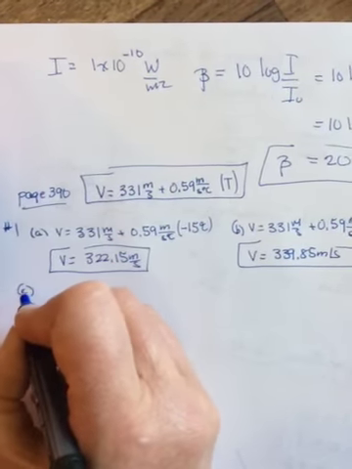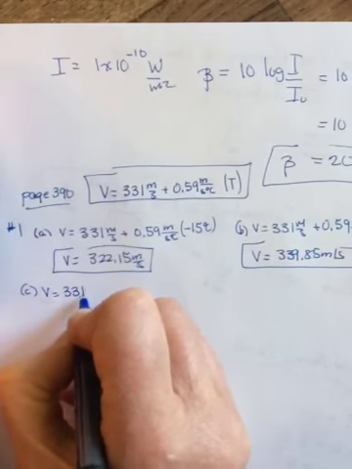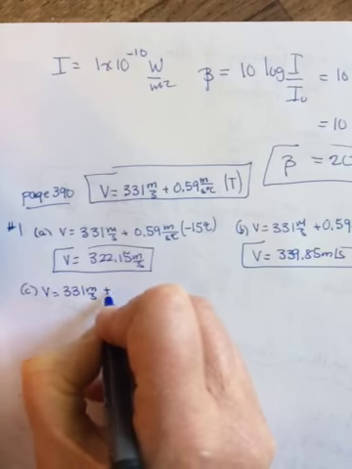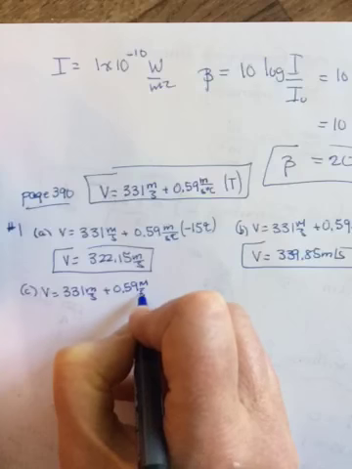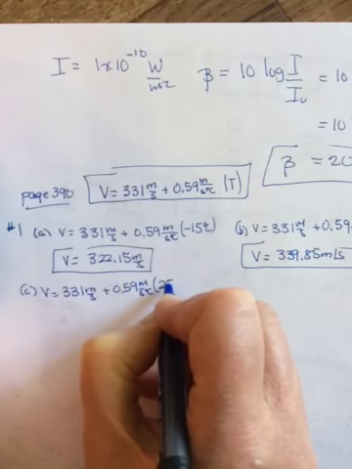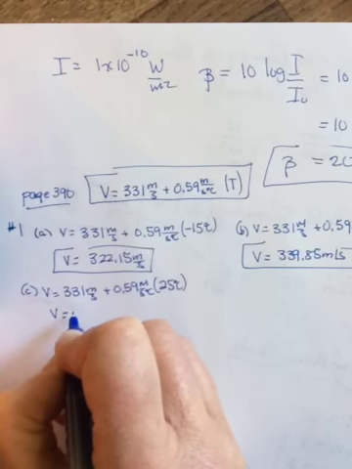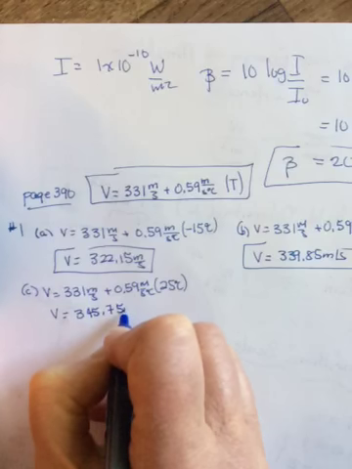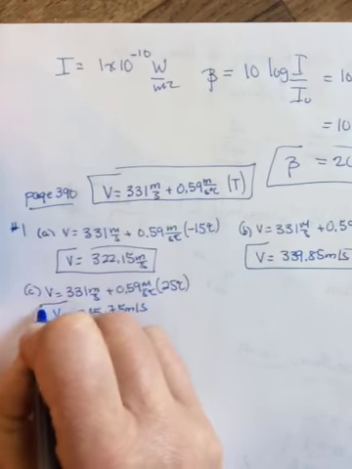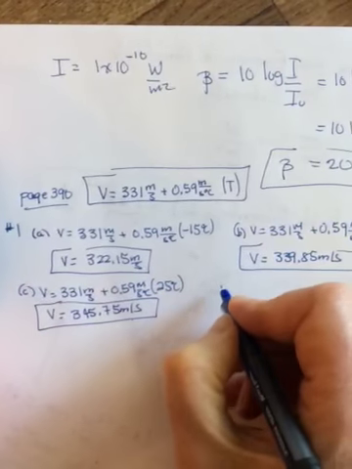C is 25. So V equals 331 meters per second plus 0.59 meters per second degrees Celsius times 25 degrees Celsius. You end up getting a V of 345.75. Okay, so obviously, as the temperature is going up, so is the speed.